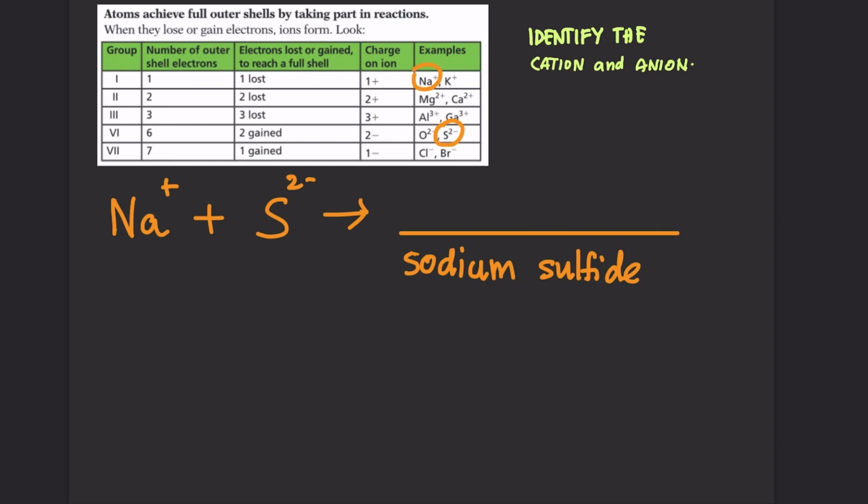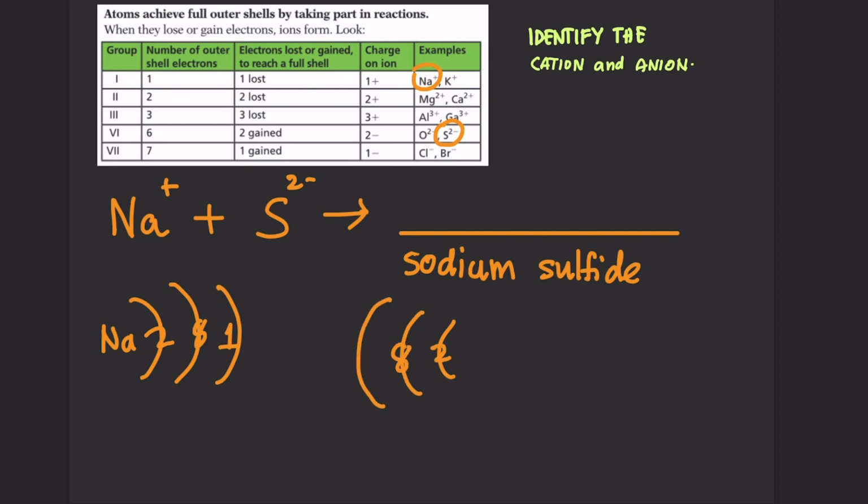So we have sodium, which has 2, 8, 1, while sulfur has 2, 8, and it needs to take 2, so 16. So this sulfur needs 2 electrons to be complete.